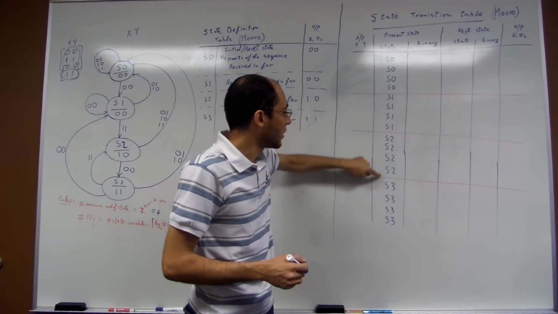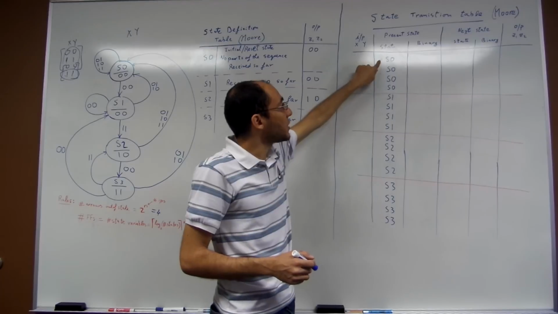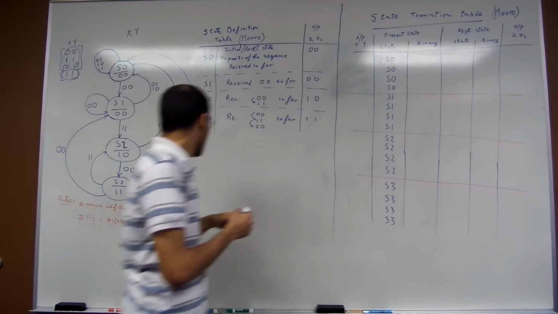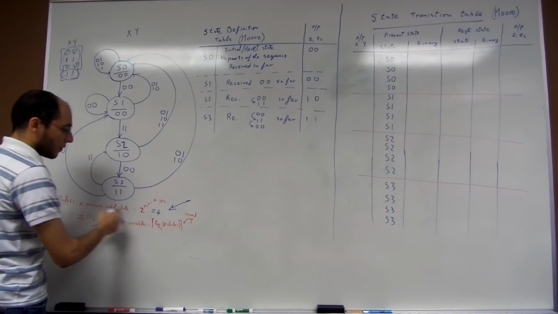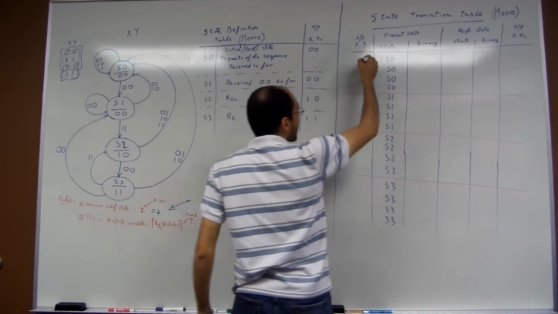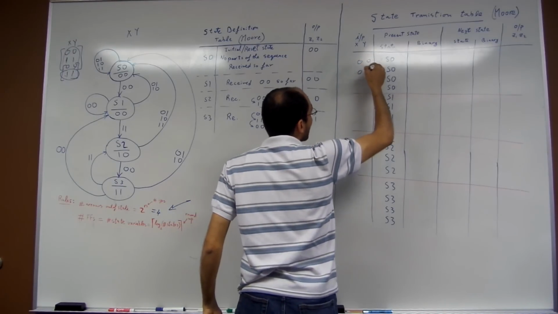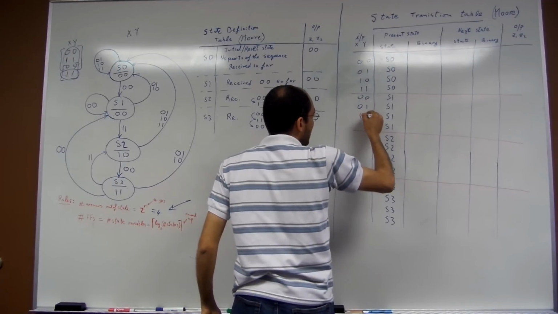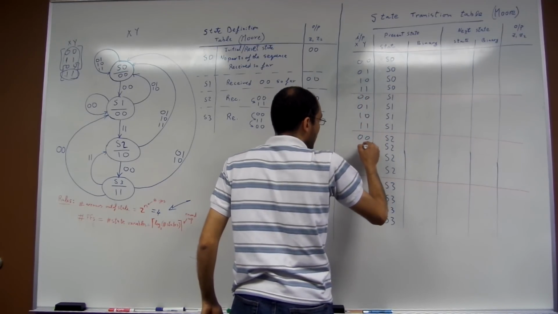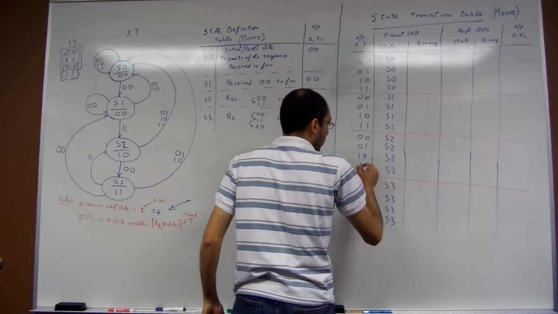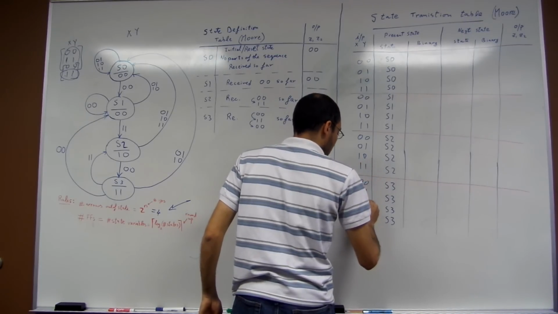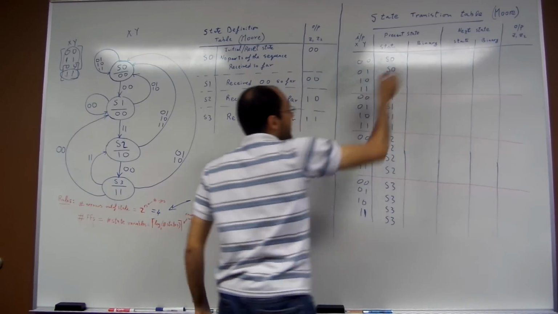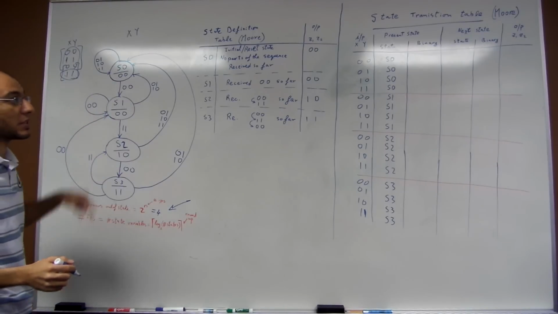But at each of these states, I have 4 possibilities of inputs, so I have to take into consideration 00, 01, 10, and 11. Each row is going to represent an arrow from this diagram.